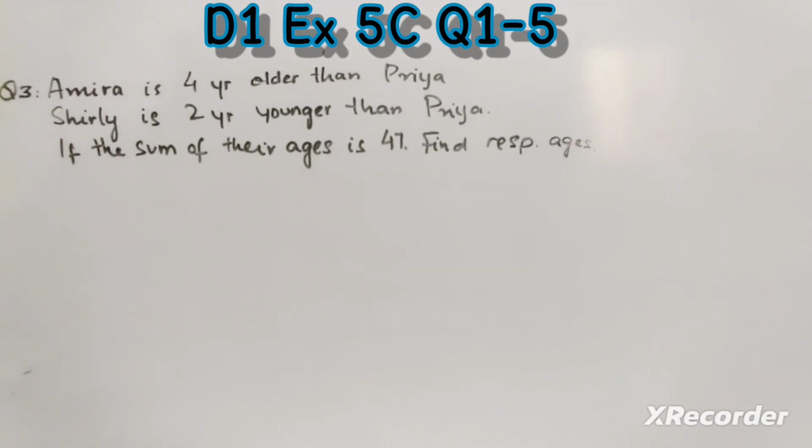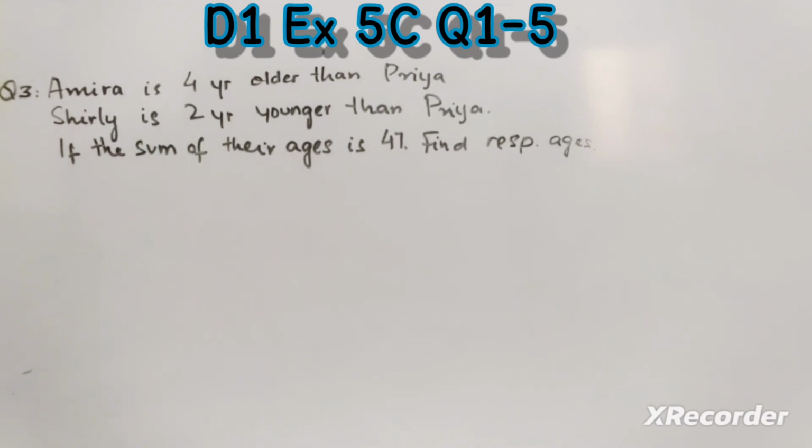Now moving towards question number 3. Amira is 4 years older than Priya and Shirley is 2 years younger than Priya. So if the sum of their ages is 47, find the respective ages. So let's start. What is the first statement?